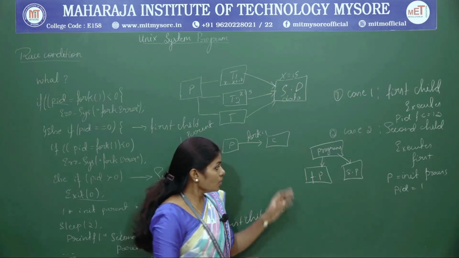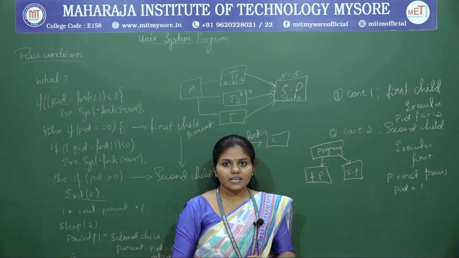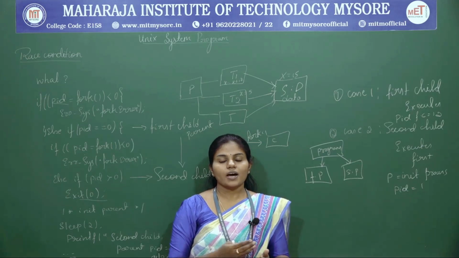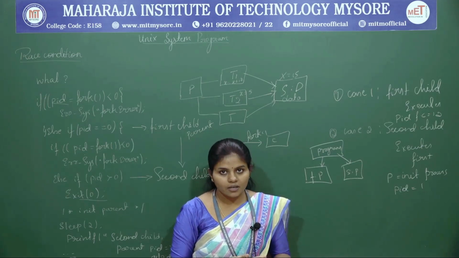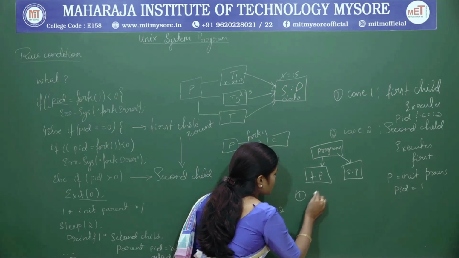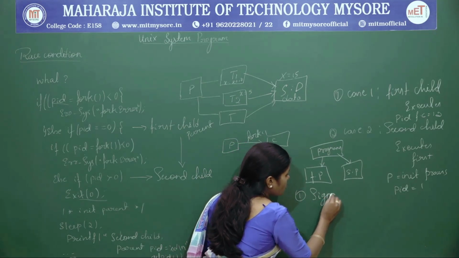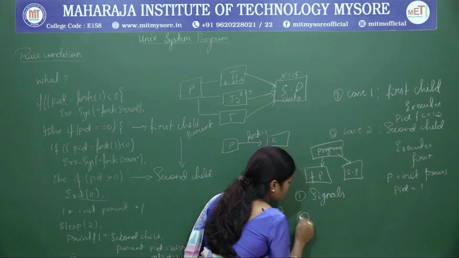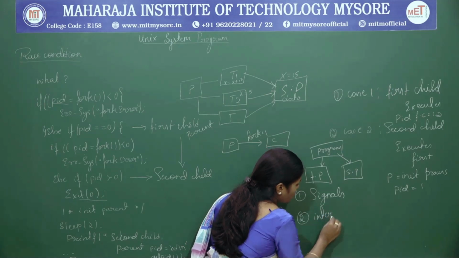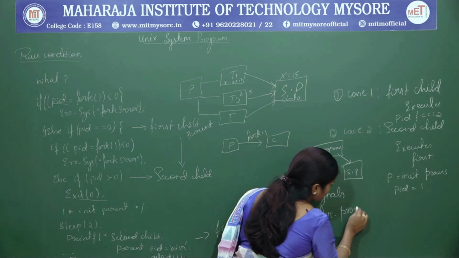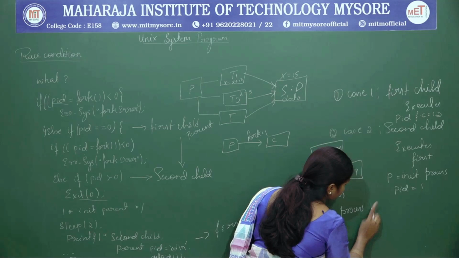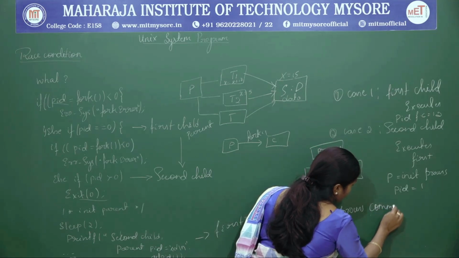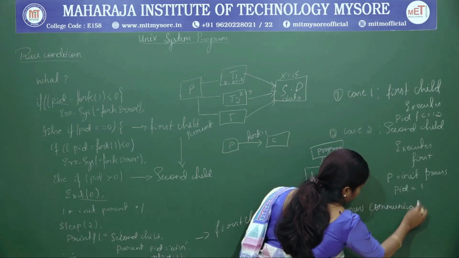To avoid the race condition problem, we have two important solutions. One is by using signals, the second one is by using inter-process communication.